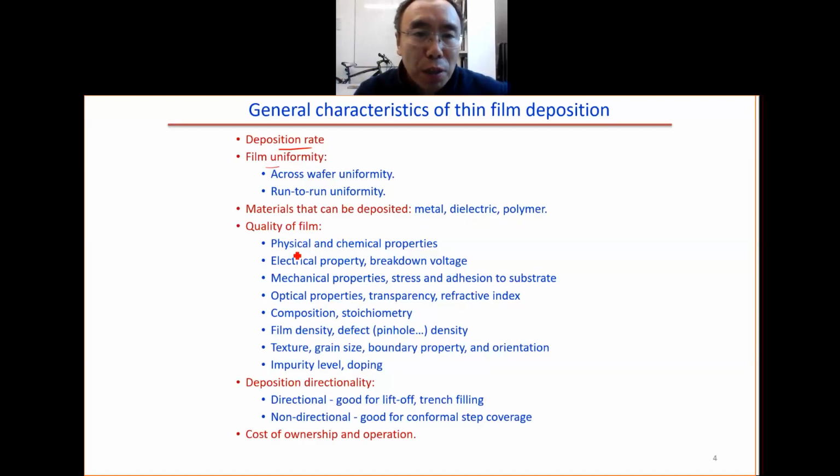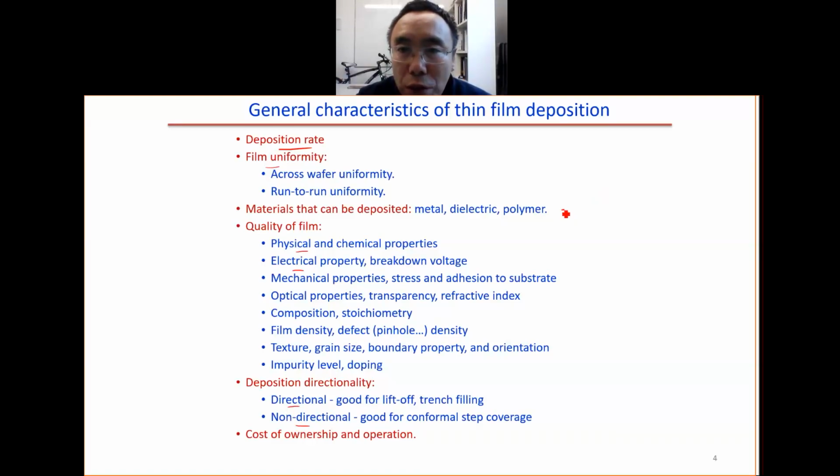Quality of the film includes physical and chemical properties, electrical properties, breakdown voltage, mechanical properties like stress and adhesion to the substrate, optical properties, transparency and refractive index, composition, film density, defect density, texture, grain size, and impurity level doping. For the deposition directionality, it can be directional or non-directional.